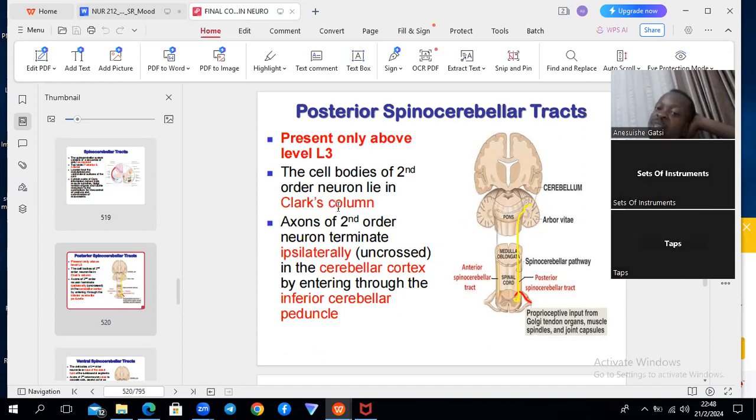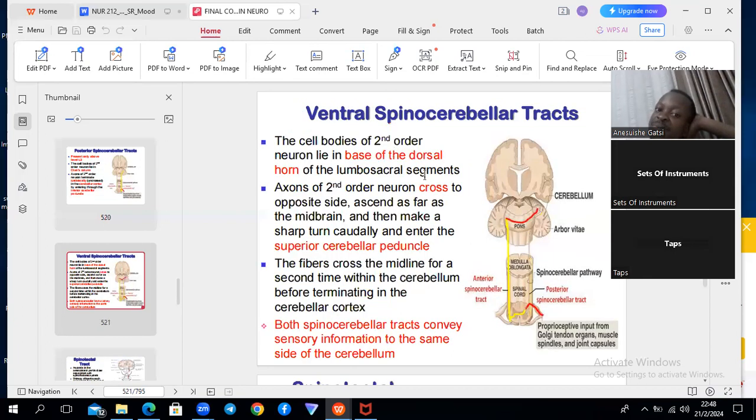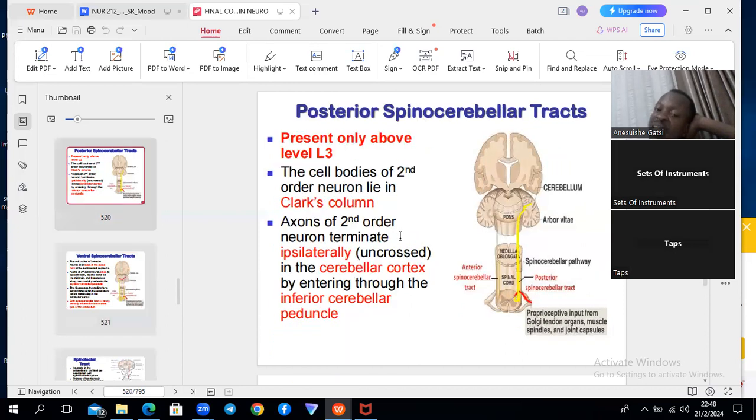It gives rise to the posterior spinocerebellar. The anterior spinocerebellar, on the other hand, originates just below L3. That's the ventral, or the anterior. I don't want you to know this for now, but you need to know it when you're done with neuro.